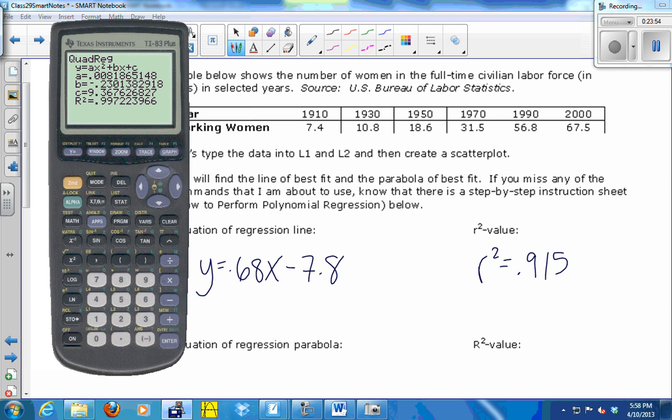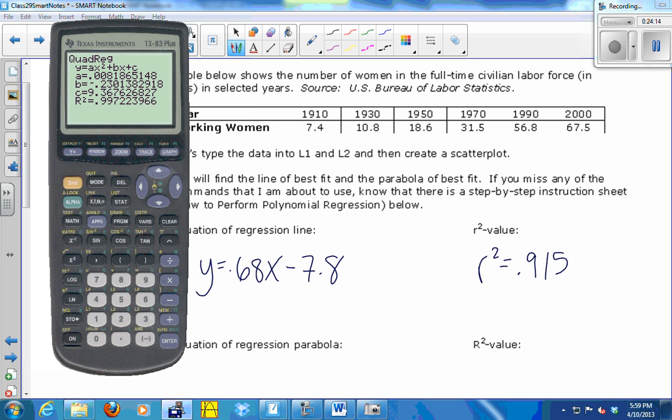And this time, vars, yvars, function, and then choose y2. So this time it spits out a function that's quadratic. It has the form ax squared plus bx plus c, the basic form of a quadratic.